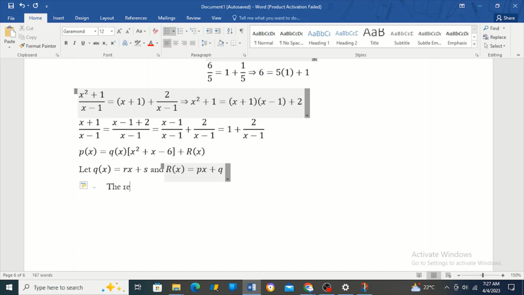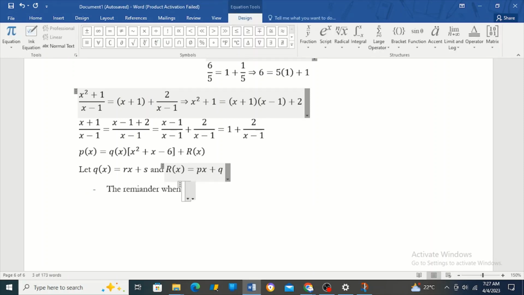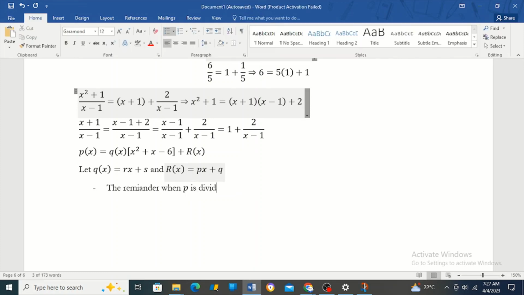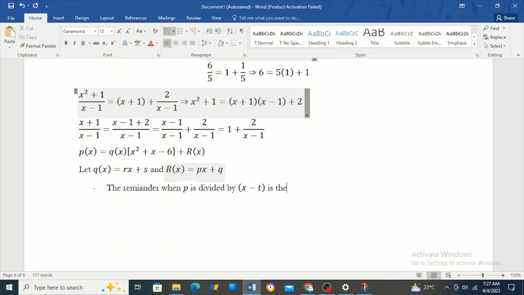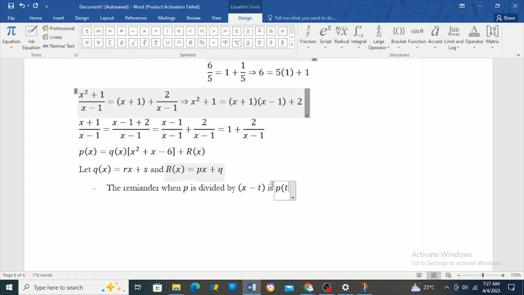The remainder when p is divided by x minus t in general, is simply p of t, meaning we first of all solve x minus t equal to 0. We get the value of x, and x will give you t. You replace it here in p of x, you get the remainder.